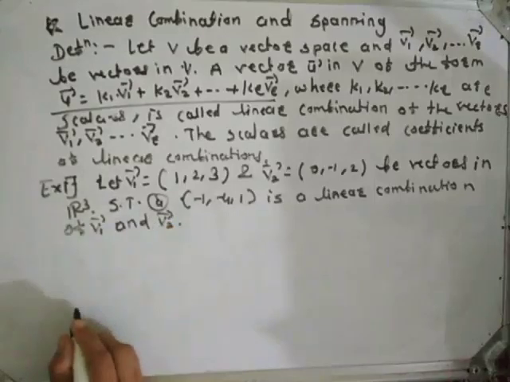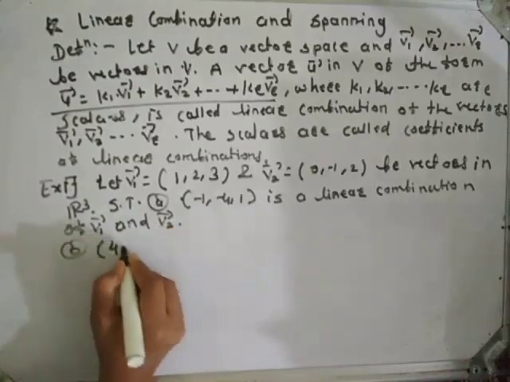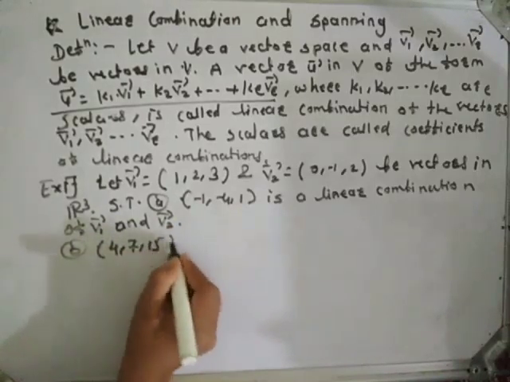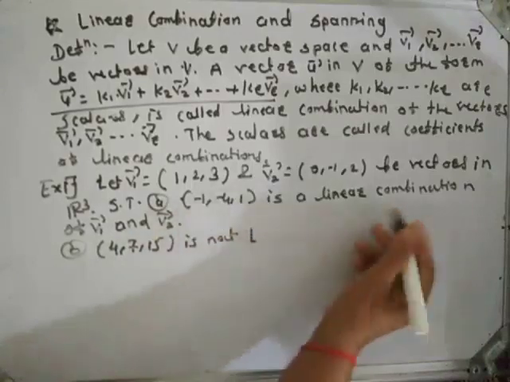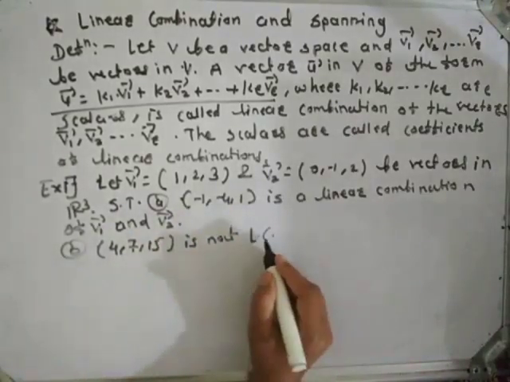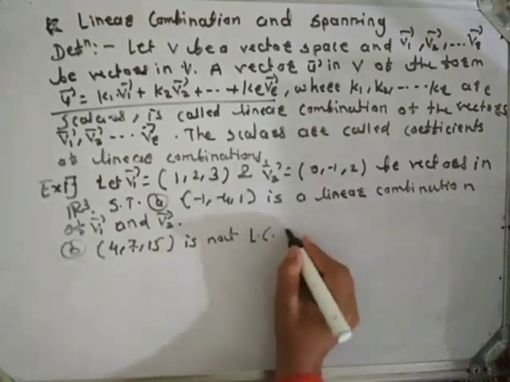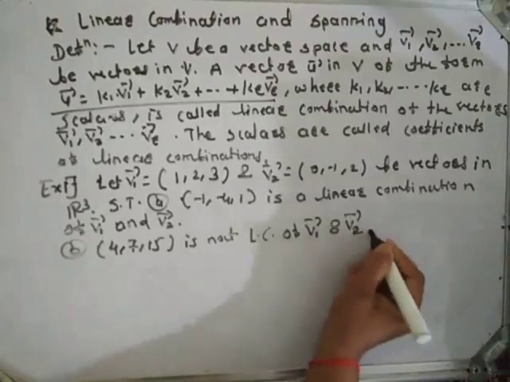B, the vector 4, 7, 15 is not a linear combination. For students, for linear combination, here I will write only L.C., of V1 bar and V2 bar.